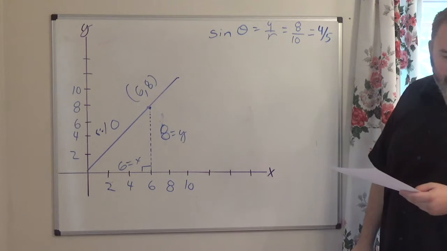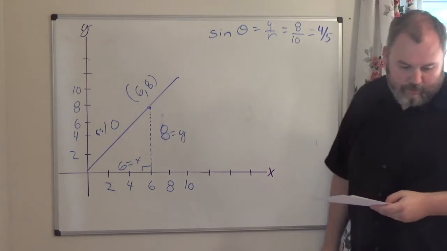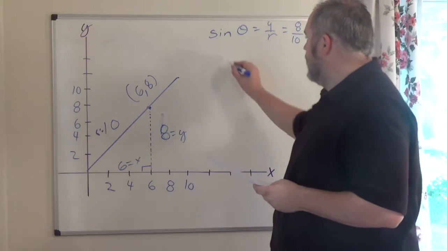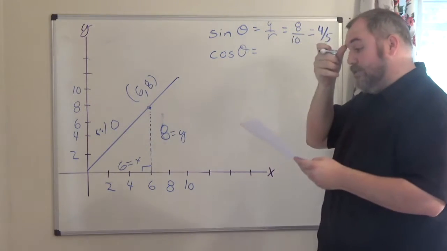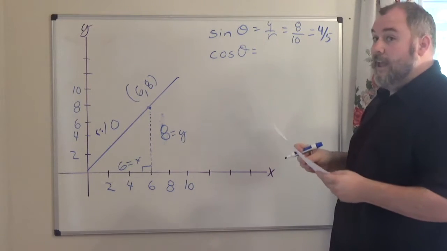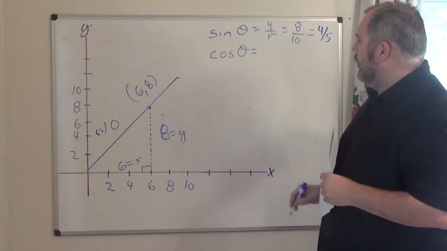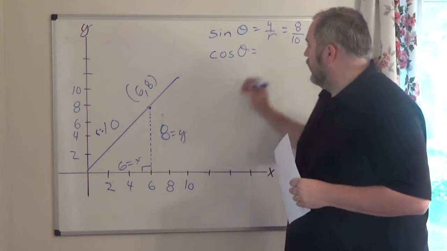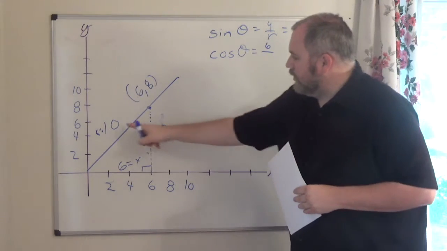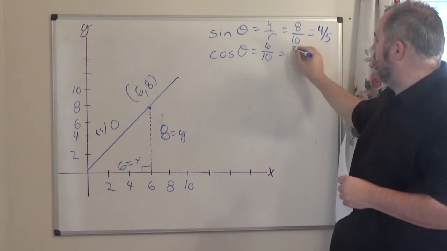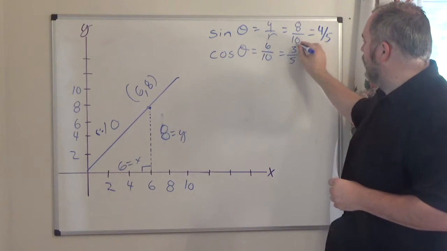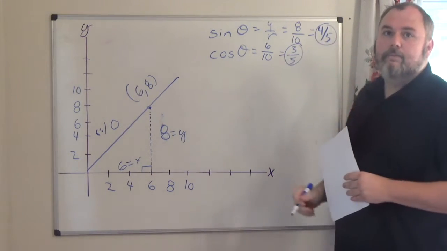Now we're going to keep on trucking. Let's go on to our next one, which happens to be cosine of theta. Well, cosine of theta is x over r. Our x is 6, our r is 10. This can be reduced. We can say that this is 3/5. Okay?